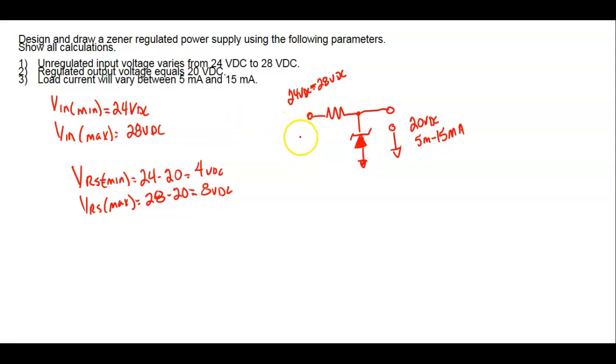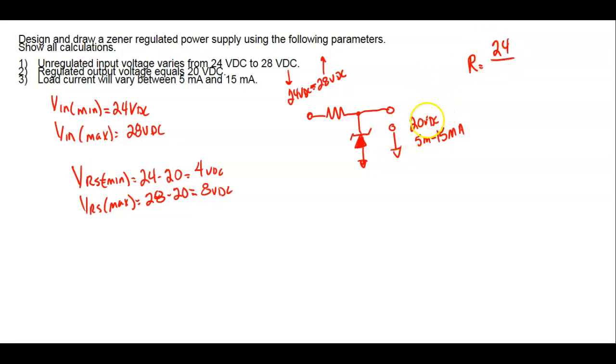We know the current through the Zener follows the input voltage, and that's pretty important to understand. When the voltage goes up, the current through the Zener goes up. When the voltage goes down, the current through the Zener goes down. We're looking for what causes the current to go down, so we're going to use the minimum voltage.